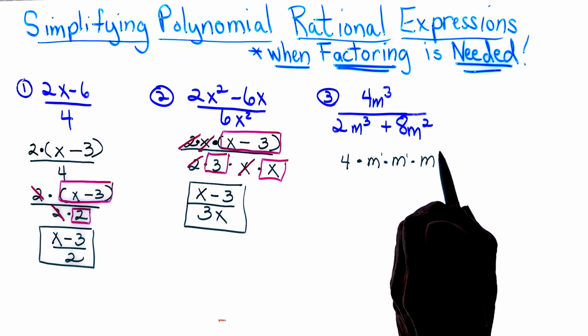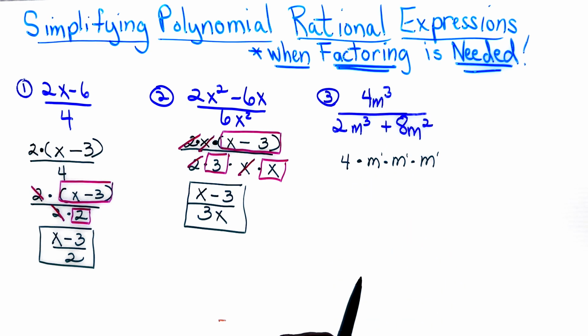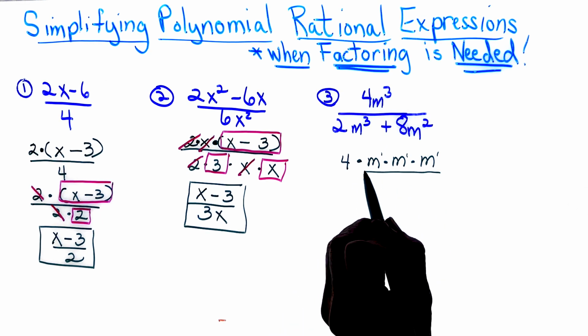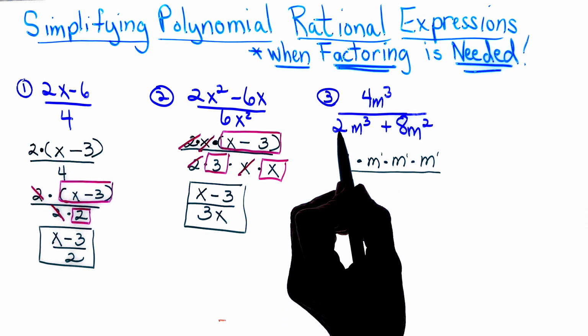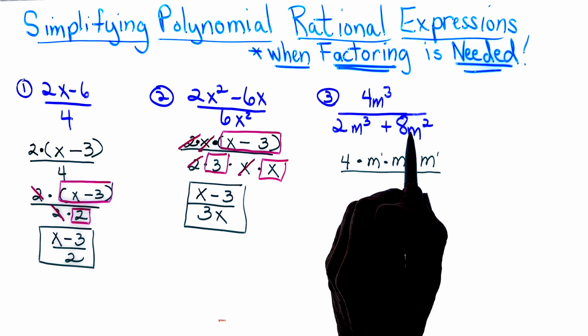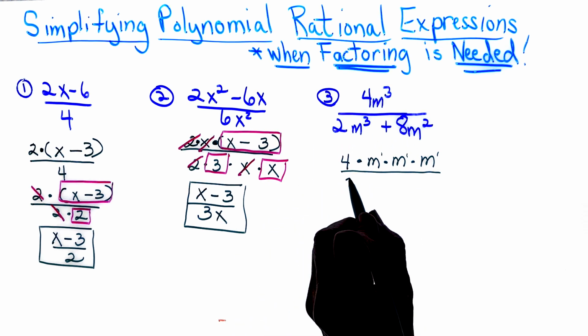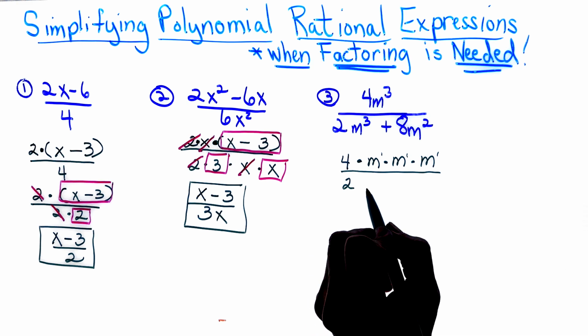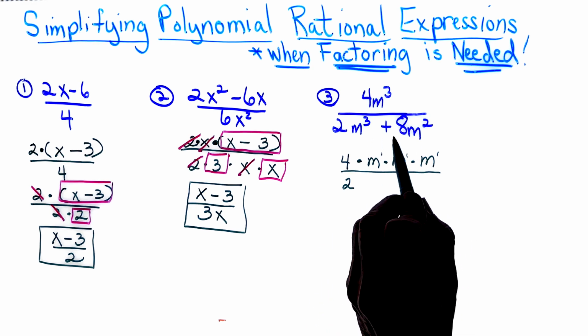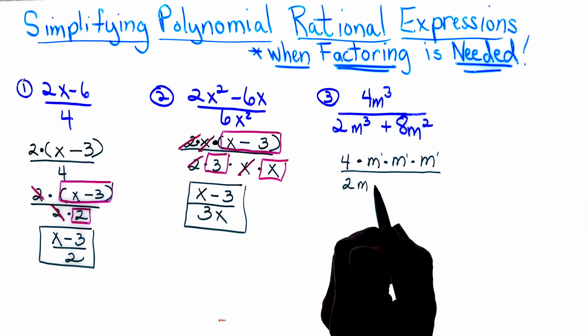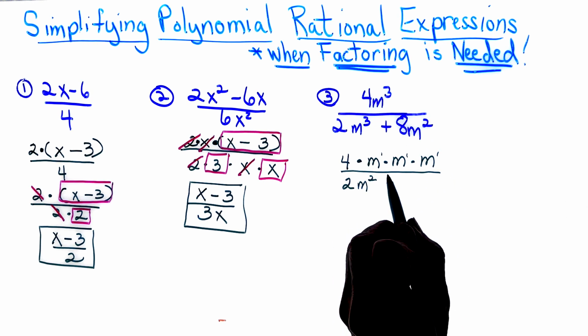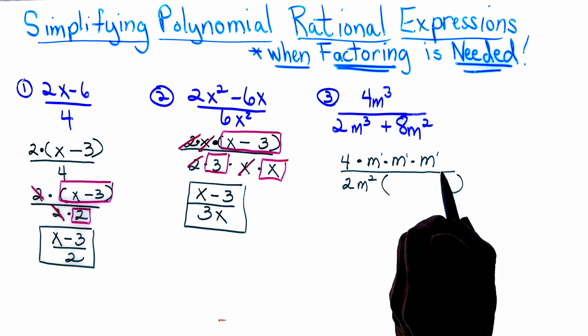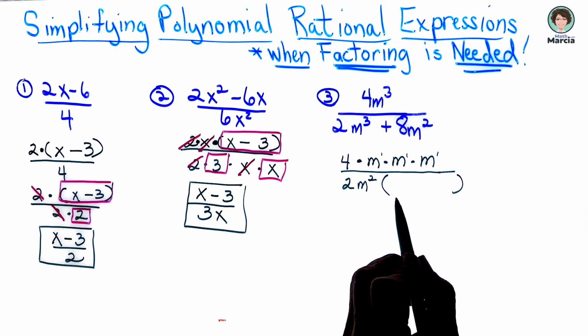Remember, when you multiply, you add the exponents. So we end up with 4m cubed over, and now I see a 2 in common for the coefficients. And I can take out m's also. So m squared is the smallest one. So that's what we are able to take out.